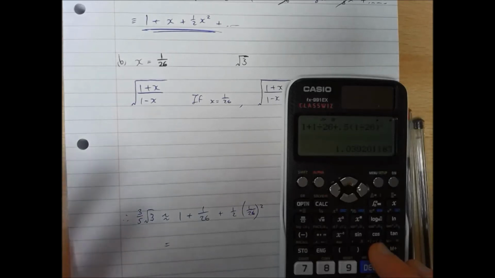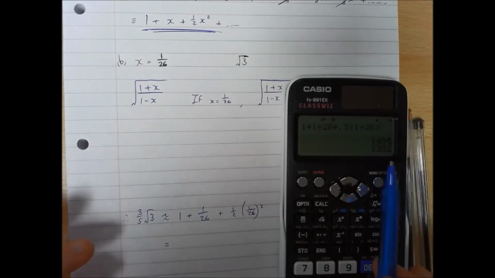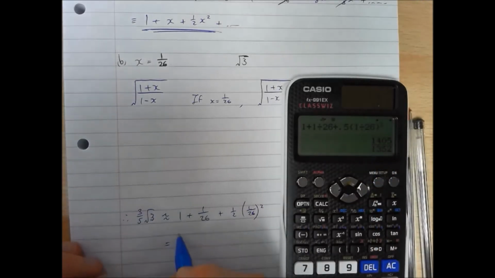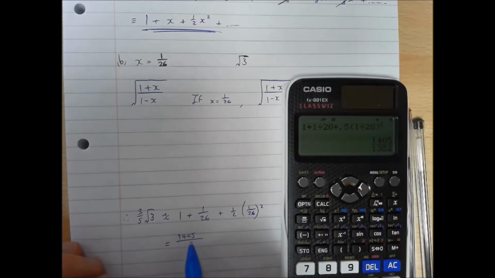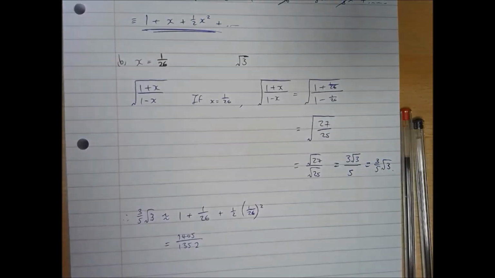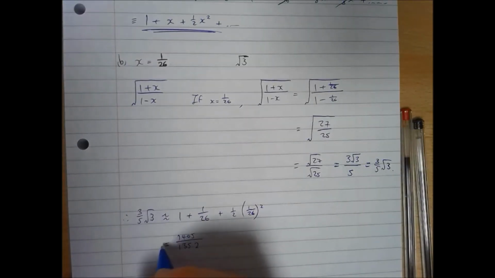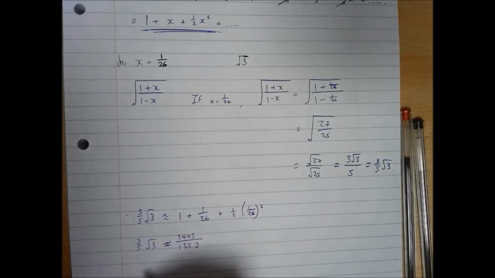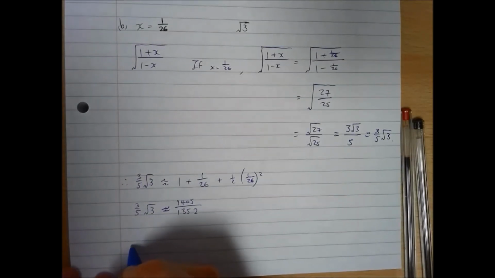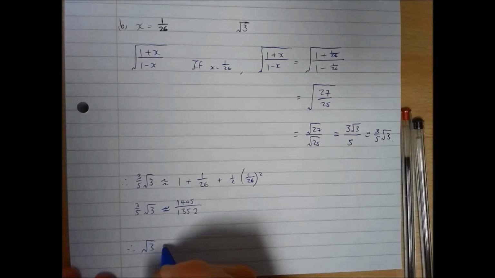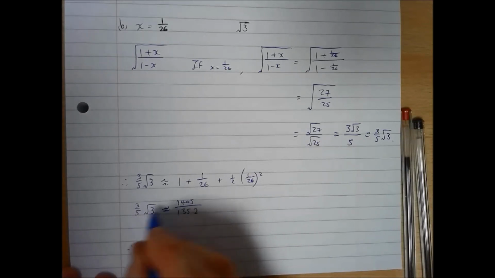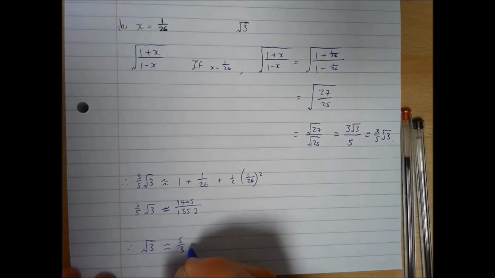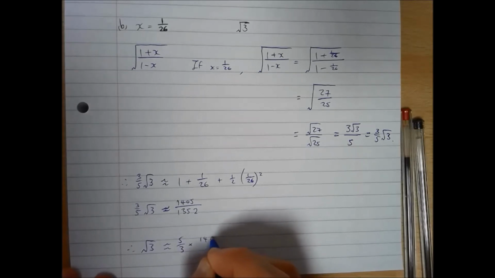But since we've got it as a fraction there, let's keep it as that for the moment. So 1405 over 1352. So as I said, that's approximately equal to 3/5 root 3, and so therefore root 3 itself is approximately equal to 5 over 3 times this 1405 over 1352.